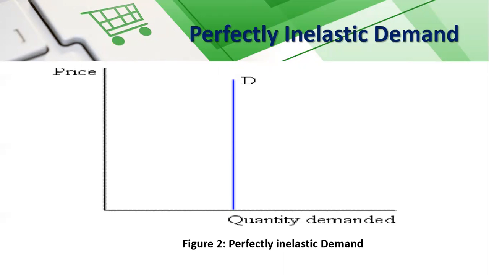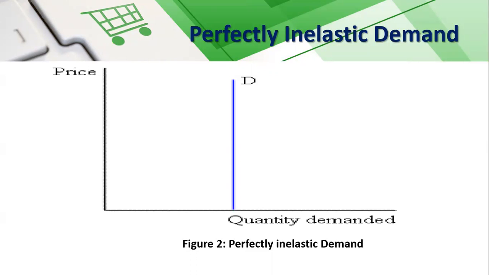Earlier, the price was stable. If the price stays the same, our demand is still the same, and there is a tendency for it to grow. The demand increases even if the price stays the same. That was perfectly elastic demand earlier. Now, we have perfectly inelastic demand.